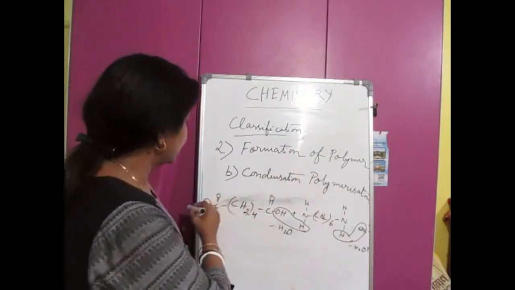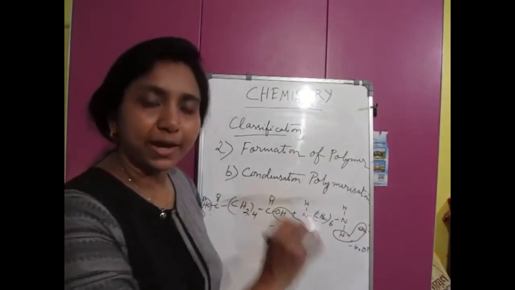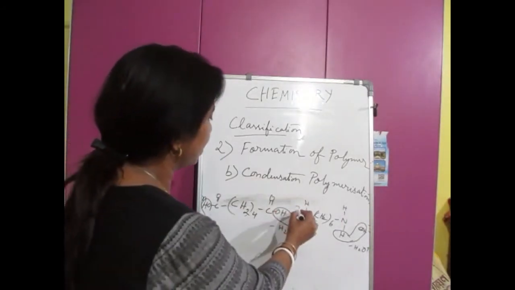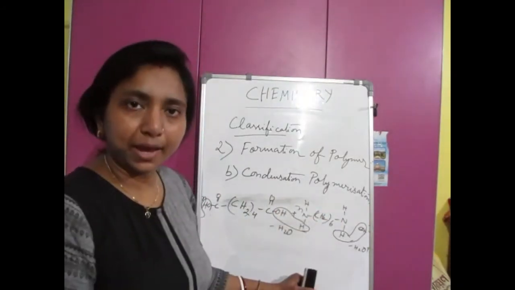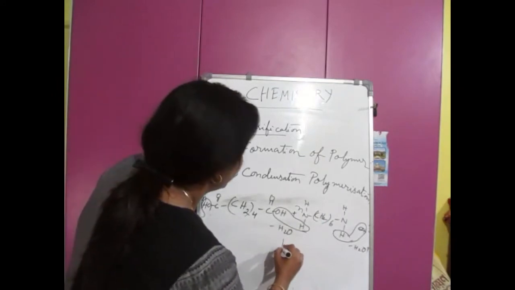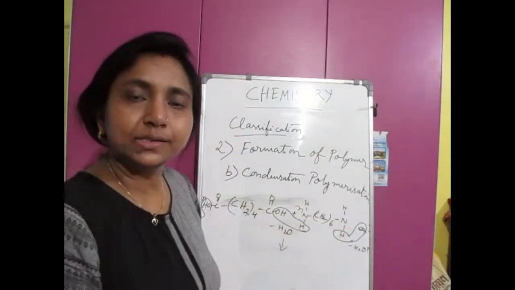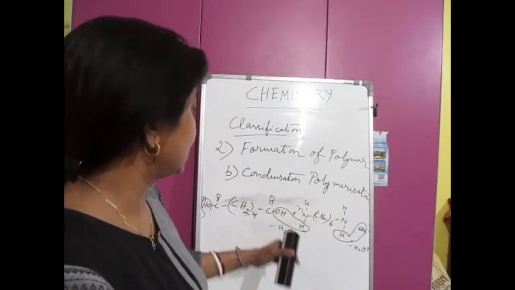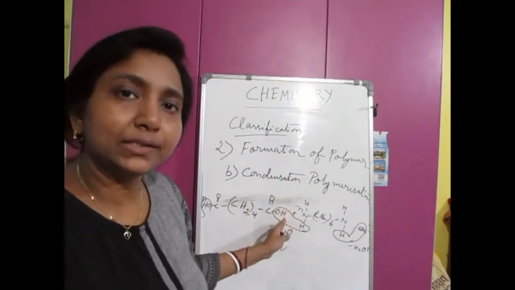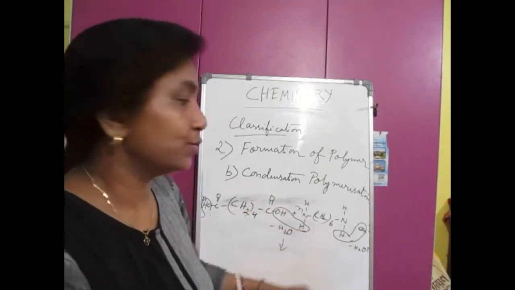So of course there will be n number of adipic acid and n number of hexamethylene diamine. Then what will be the final structure? For the final structure, just remove this OH and H as H2O.